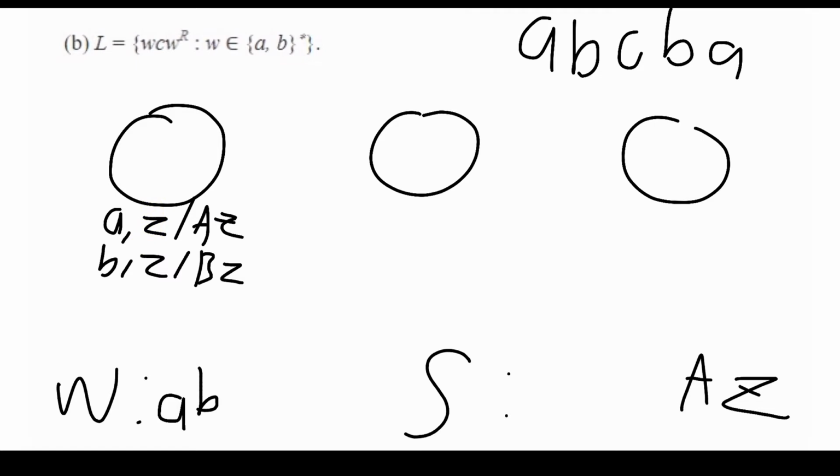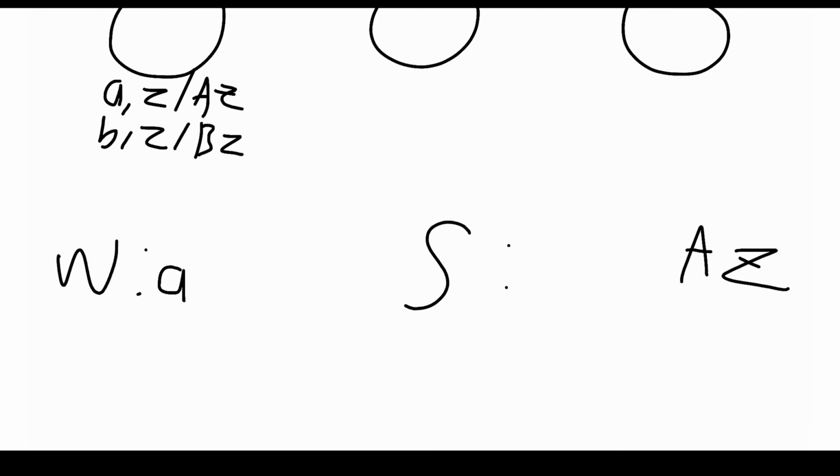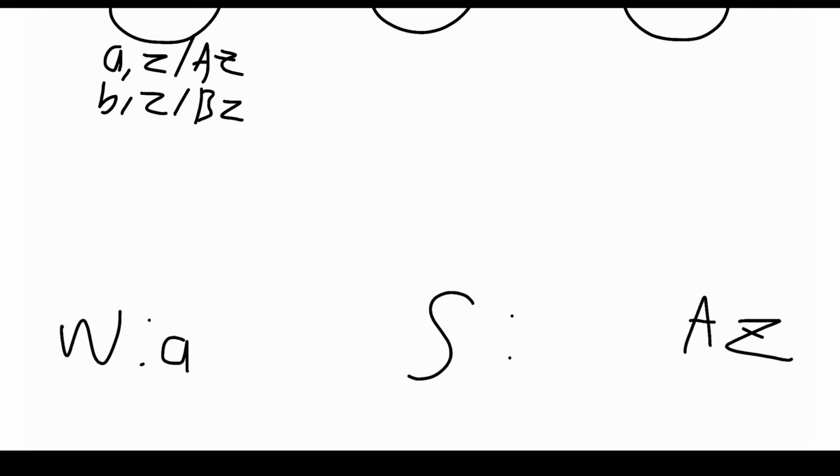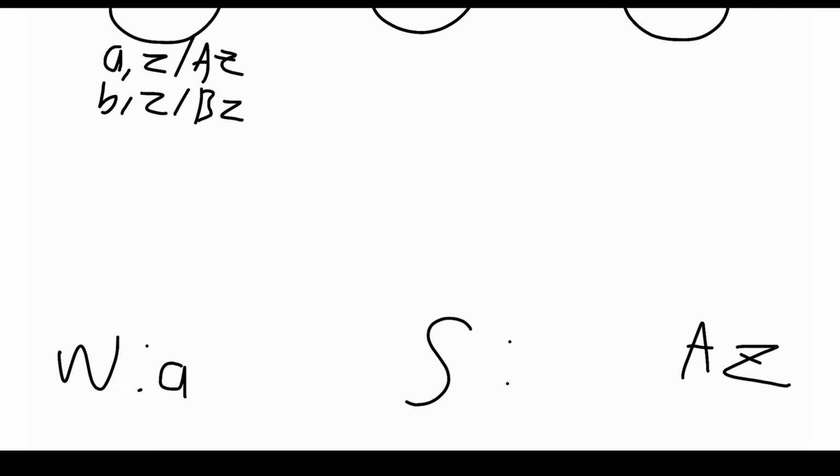The reason why we can't run A and then B is that this B here requires to pop a Z off of the stack, and the top of our stack is an A, so we can't really run this at all. So we need to write a few extra lines. So we're going to be moving this down. Hopefully there's enough space. There will be.